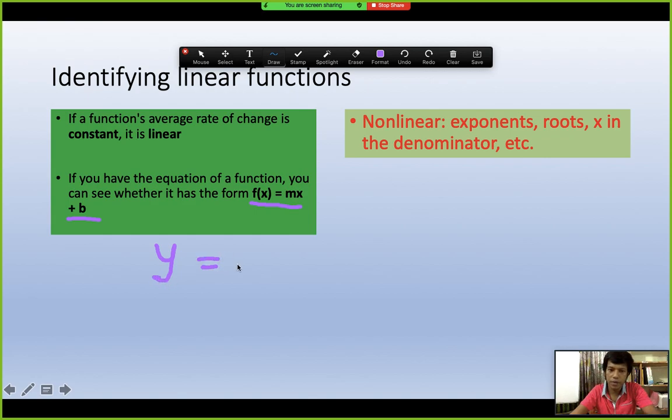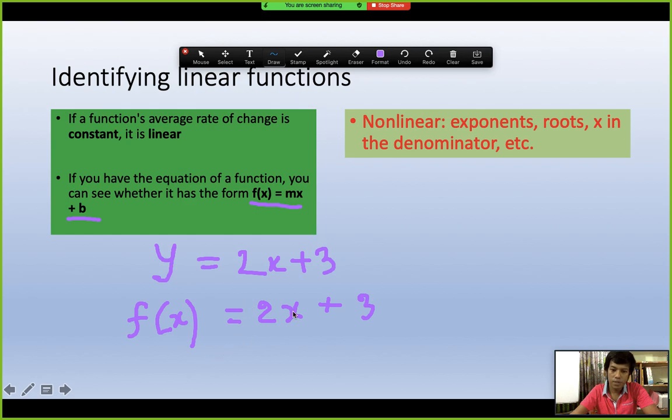That is linear. Suppose y = 2x + 3, something like this. This is linear, and if we write it as f(x) = 2x + 3, it is linear.